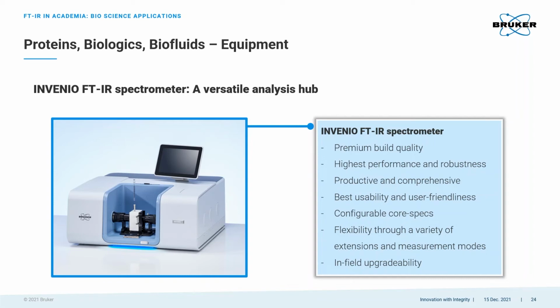Also, the core specifications, such as spectra acquisition rate for transient processes, the spectral range or even more specs can be adjusted to your requirements. Furthermore, you can use various accessories and external modules to extend the system for a multitude of measurement modes. Those extensions, together with the configurable core specs, can be combined and used in a flexible manner, making VINO really your powerful IR analysis hub.